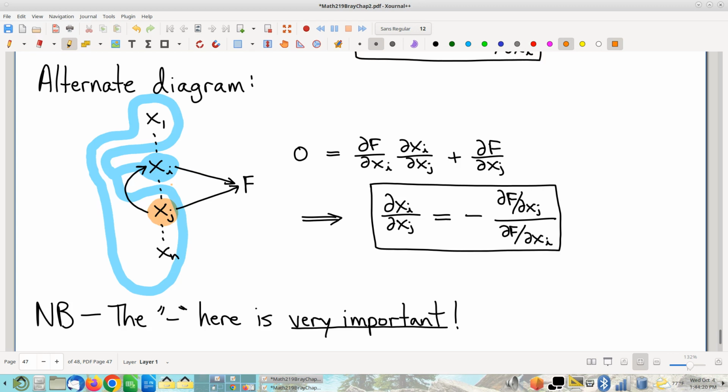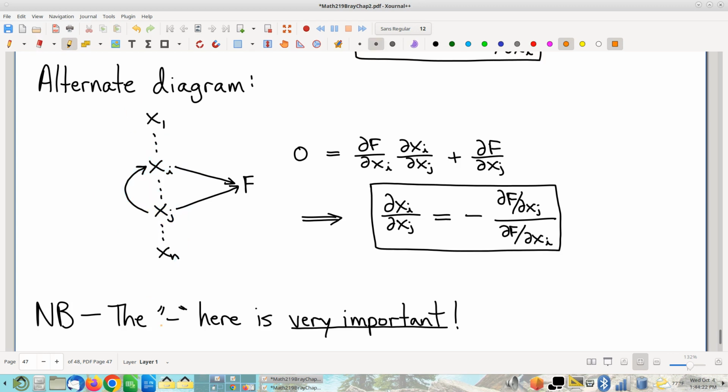Let me change the way I've got this highlighting here. I want to compute what I'm going to casually represent on this diagram as that partial derivative. As I change x_j, how much does x_i change? That's the question I want to ask.